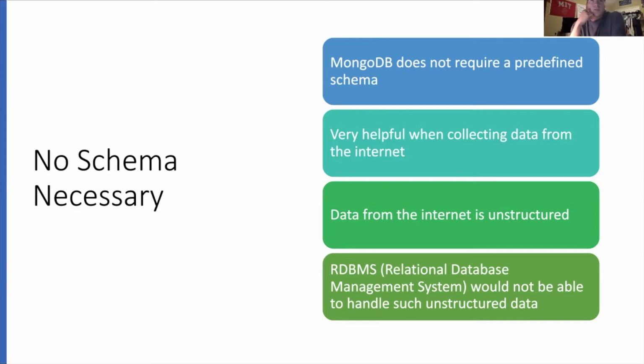And then the columns of MySQL, what we're used to, in MongoDB is called fields. And those are all contained within those documents. So that is the advantage of having no schema.